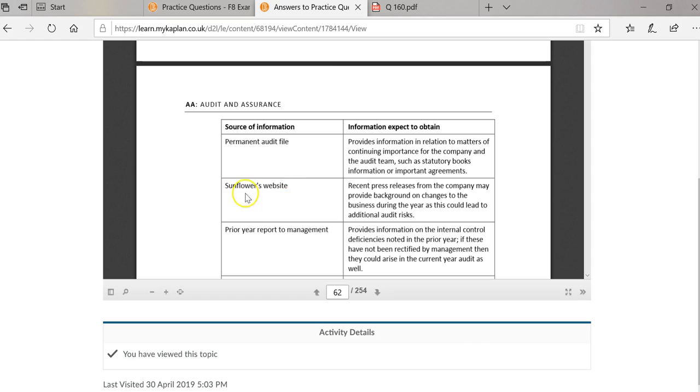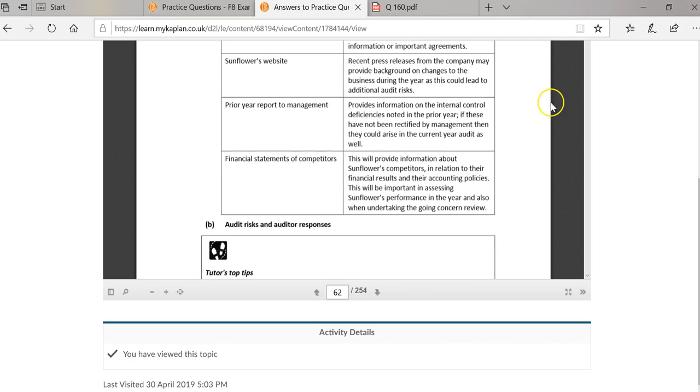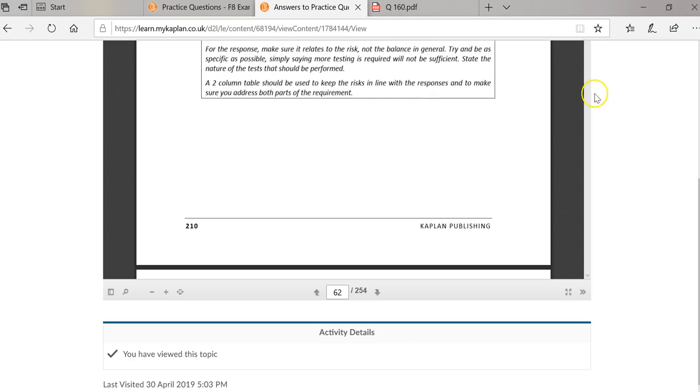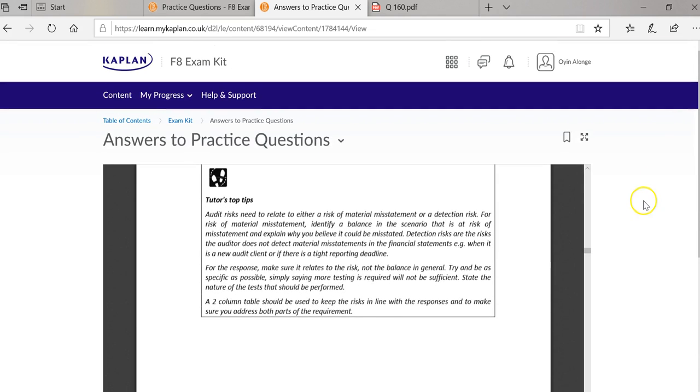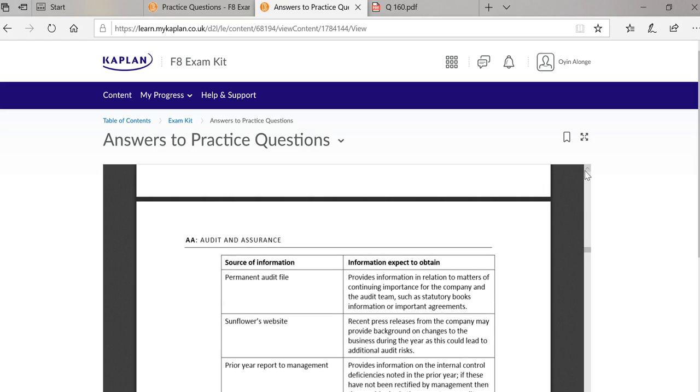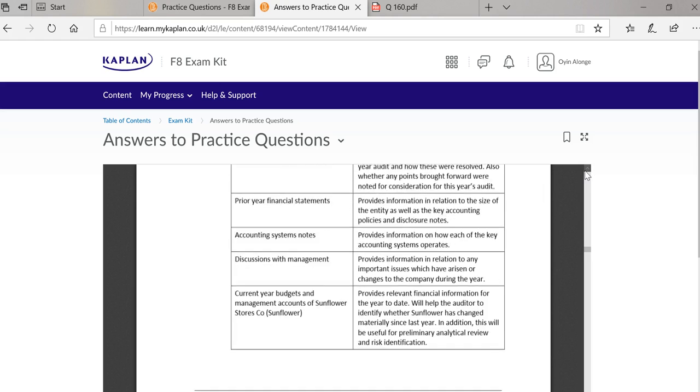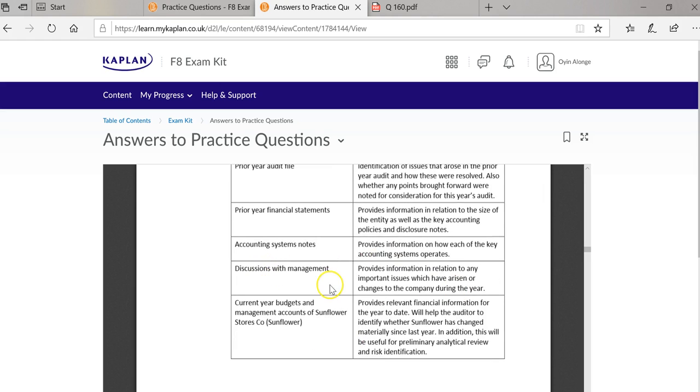The permanent audit file, the website, prior year report to management, that was good. Financial statements of competitors, which we take off Companies House, which you mentioned. And there was also this business here of the current year discussion with management. So those and accounting system notes.